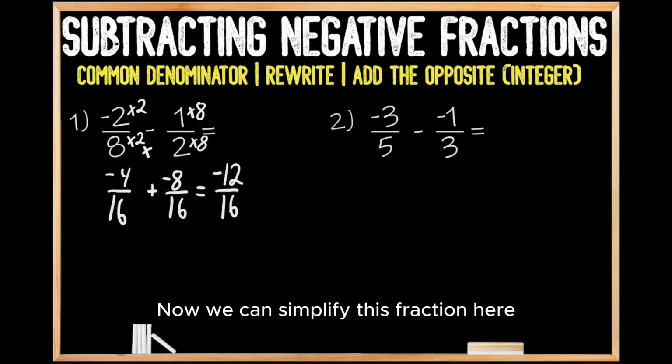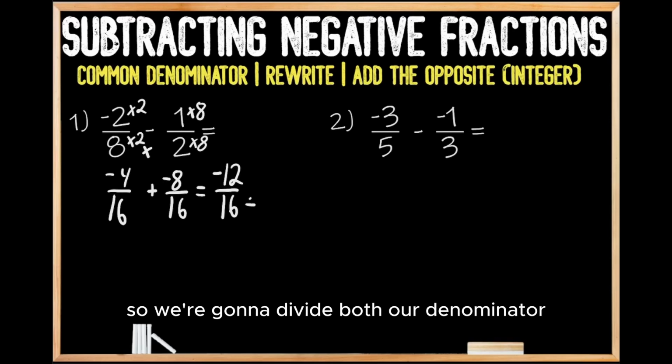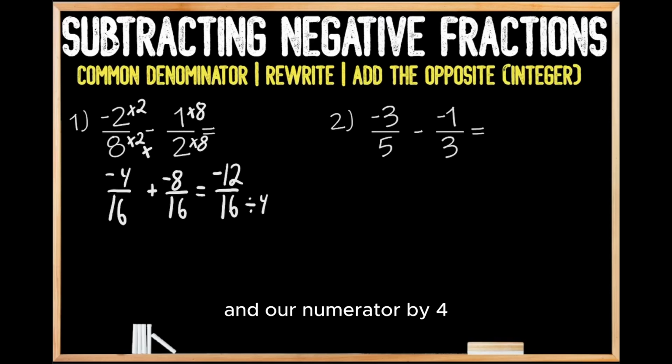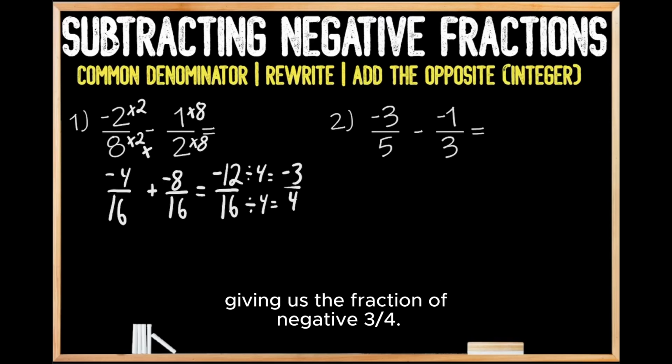Now we can simplify this fraction because both negative 12 and 16 are multiples of 4, so we're going to divide both our denominator and our numerator by 4 in order to simplify. For the denominator, when we divide 16 by 4, we're left with 4, and for the numerator, when we divide negative 12 by 4, we get negative 3, giving us the fraction of negative 3/4.